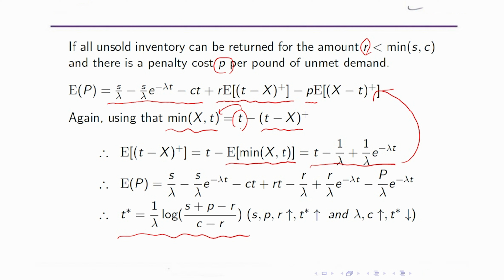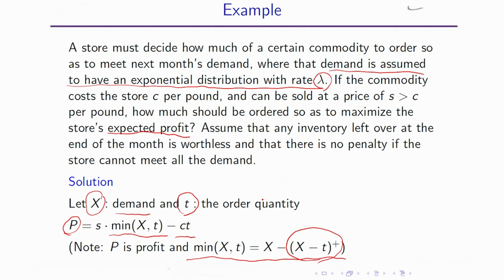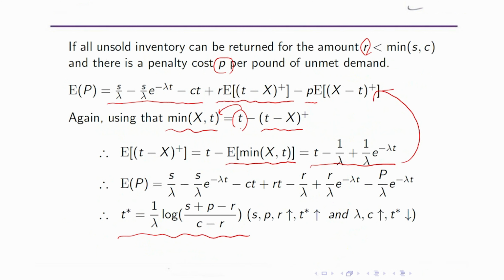And if you look at this optimal order quantity, it is very obvious that if S increases, then T will increase. What does that mean? Recall that S is the price you can sell at, right? So if you can sell the same commodity for more, then you should order more, and that really makes sense.